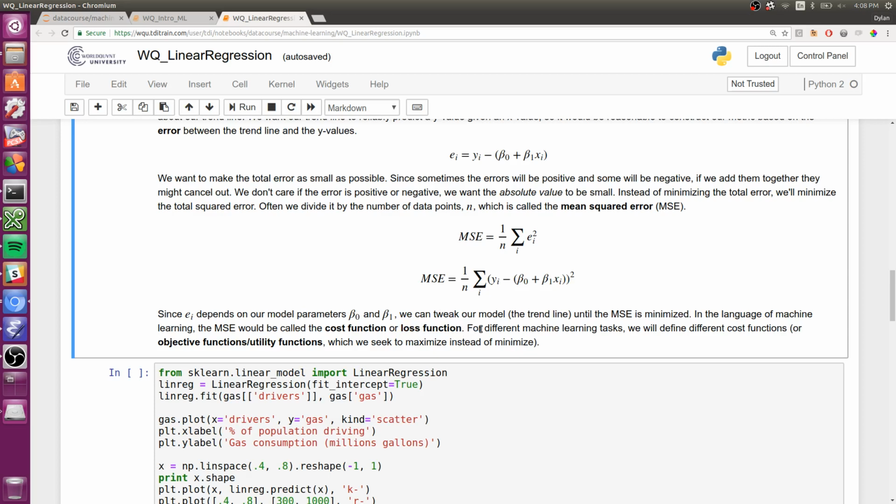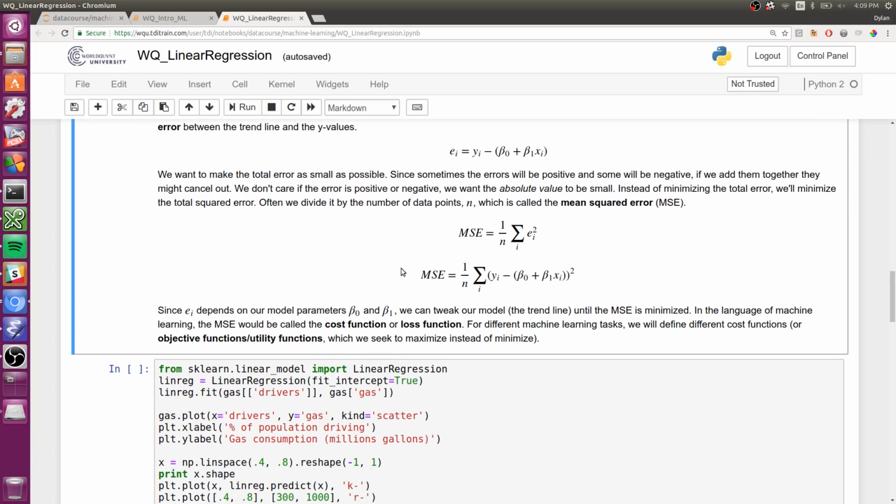In the future, when we consider other machine learning tasks and consider different metrics, we will sometimes call them objective functions or utility functions, things we want to maximize. So we want to maximize utility or the objective, but we want to minimize loss or cost. This is just some jargon that you might run into in the world of machine learning, so I thought that I would highlight it here.